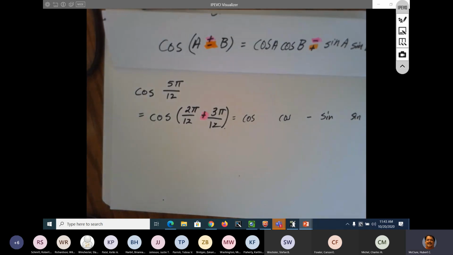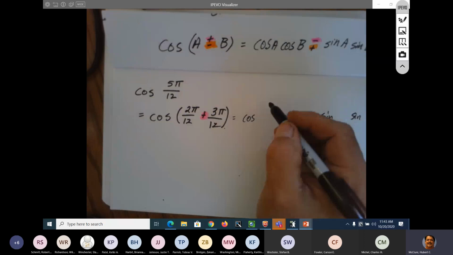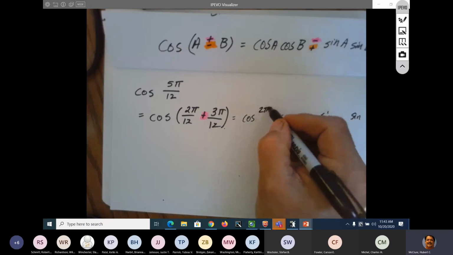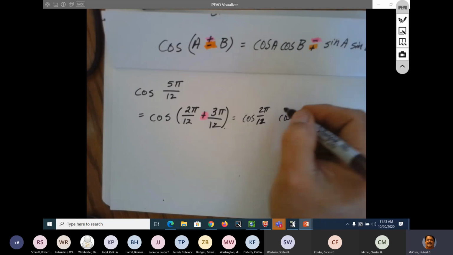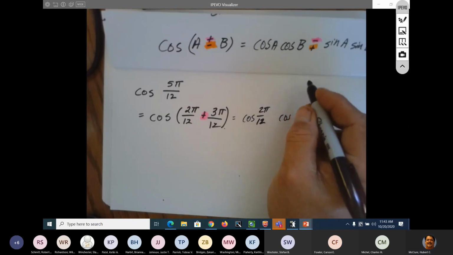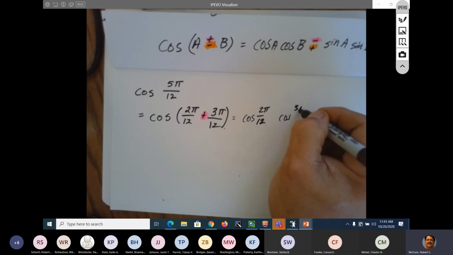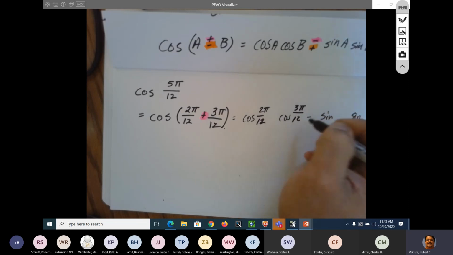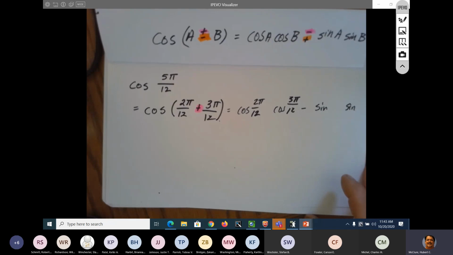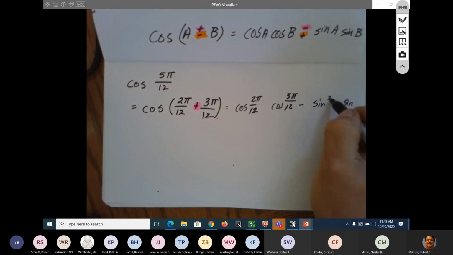And that's going to be 2 pi over 12 and 3 pi over 12.